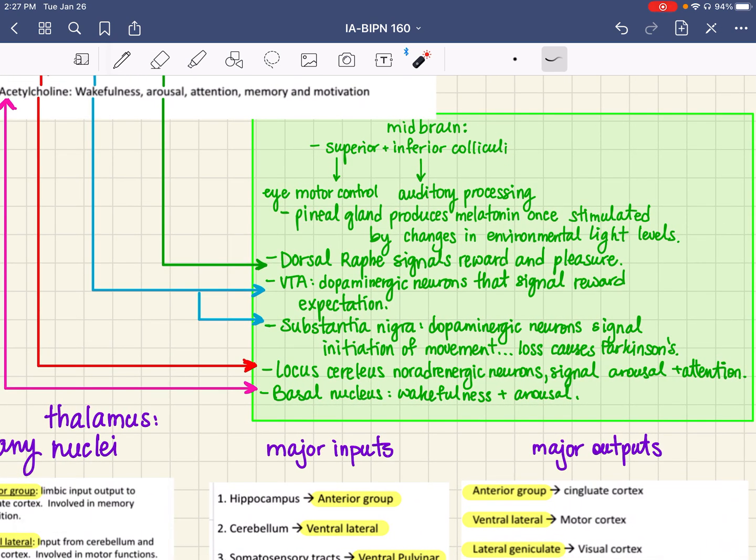And the second structure that is important in the midbrain is the pineal gland. The pineal gland is important because this is how we know when it is light outside or around us and when it is dark.